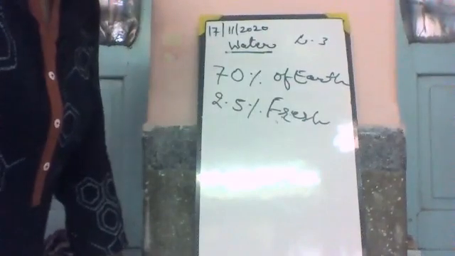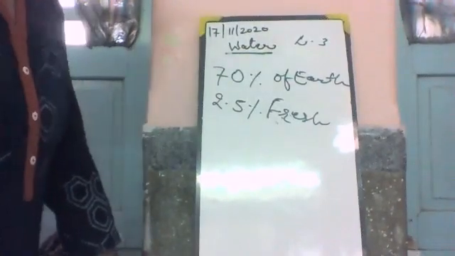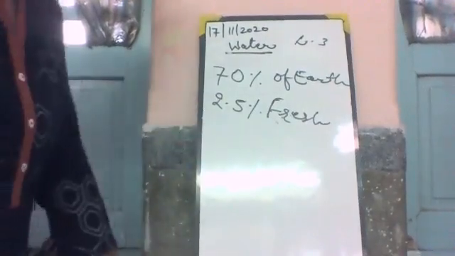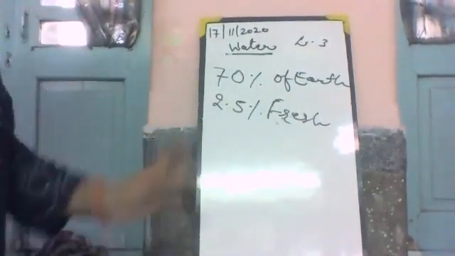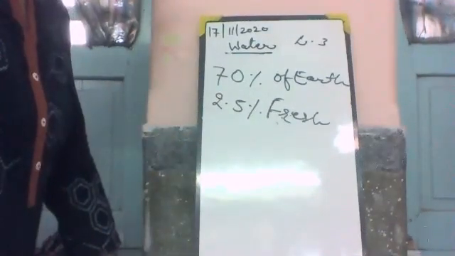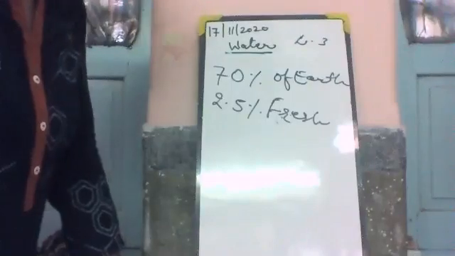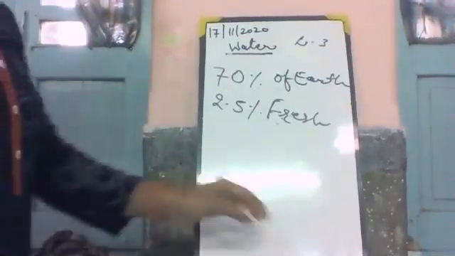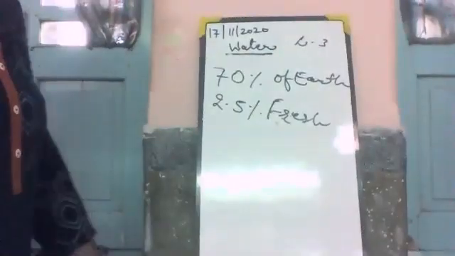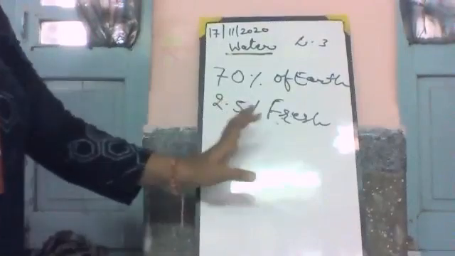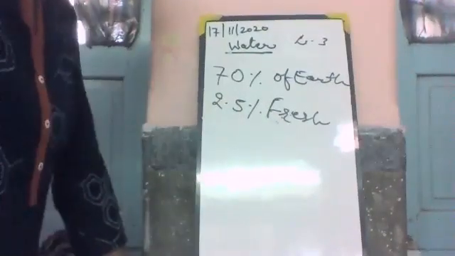Water exists in all three states: solid in the form of ice, liquid in the form of liquid water, and vapor in the gaseous state. They are present in both free and combined conditions.